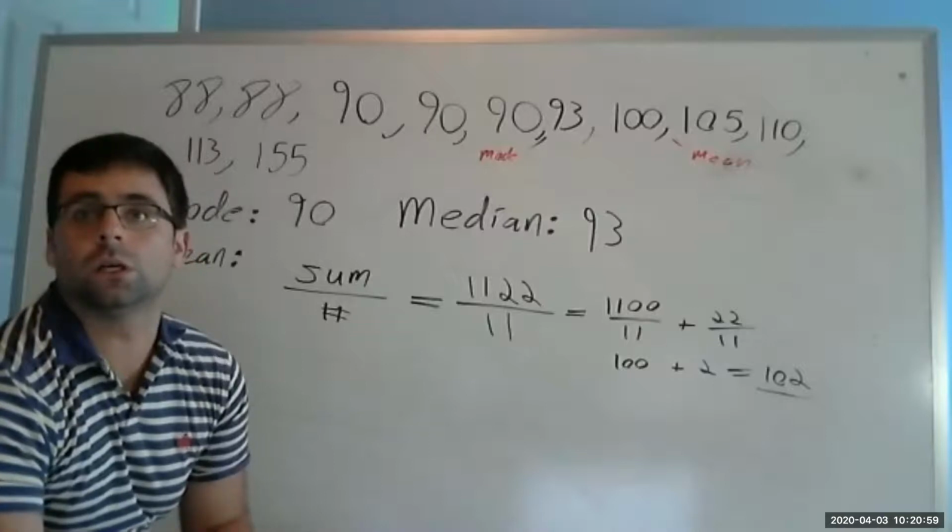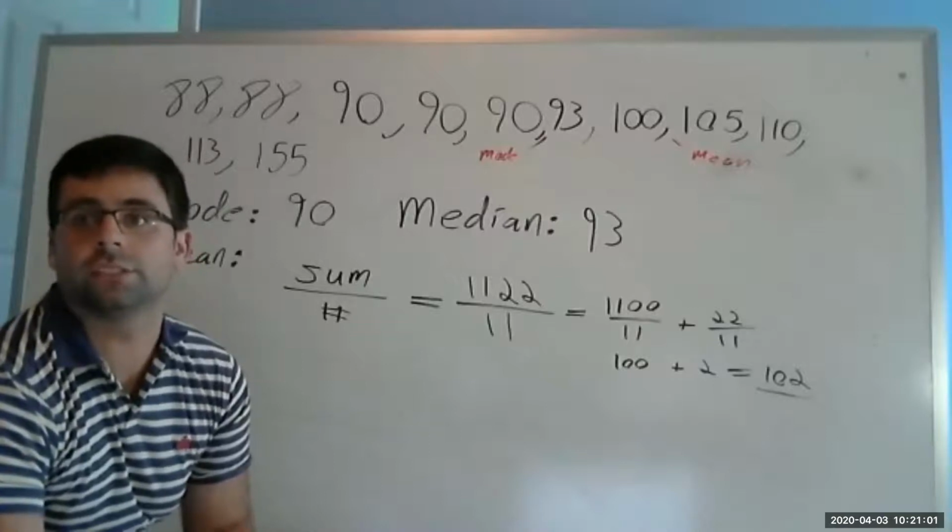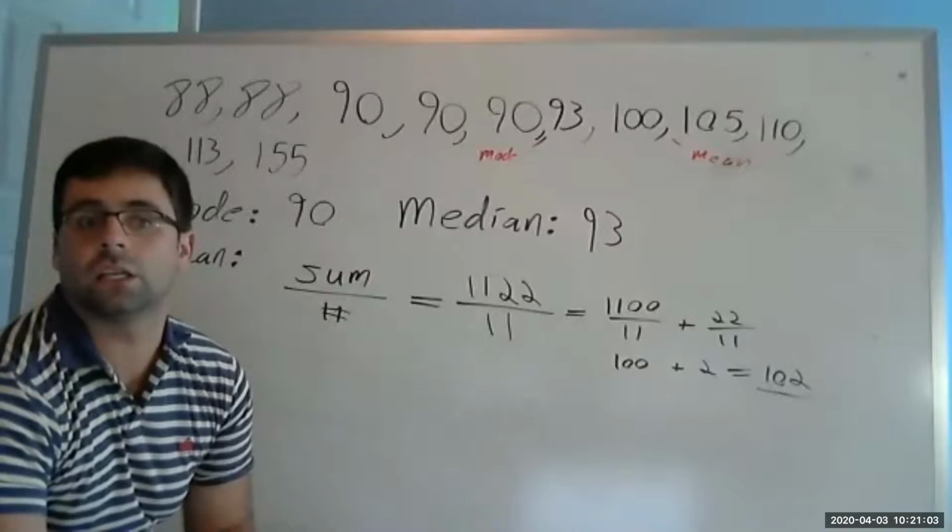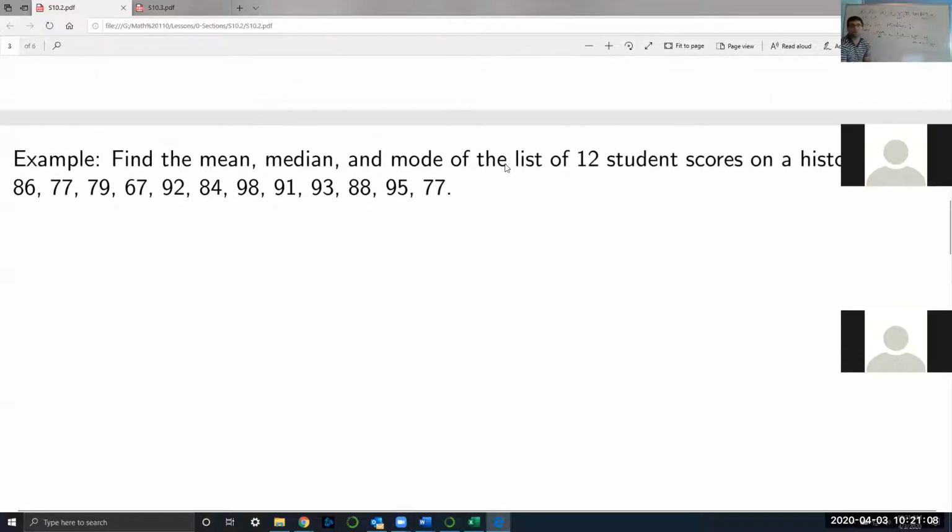So let's try this again. Let's find the mean, median, and mode of this set of numbers. So what is the lowest number?